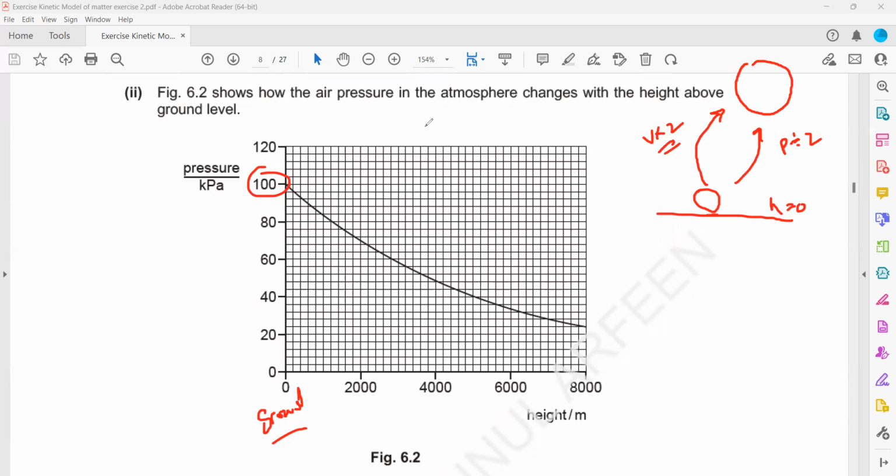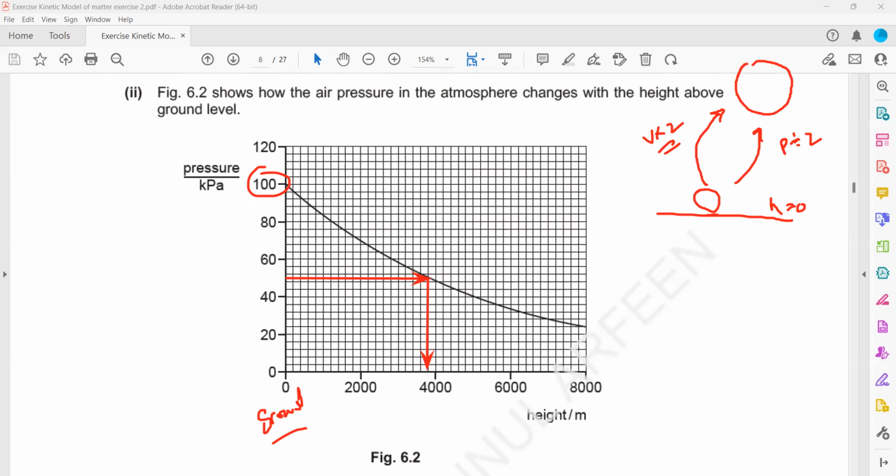So the question is, at what height will the volume become double? When the volume becomes double, the pressure will be half. If the original pressure was 100, half of 100 is 50. So when the pressure is 50, we'll draw a line and find its height.